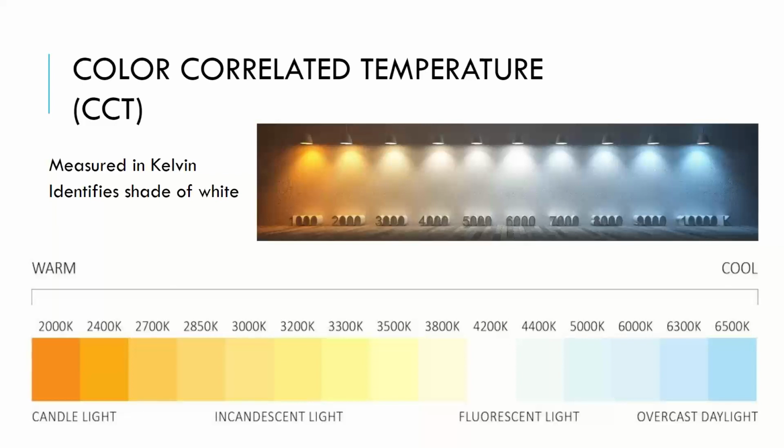The second thing you'll want to consider is what other colors are being used in the space. The color of the light plays a really vital role in how those colors appear. If you have blue, silvers, grays, or white colors in your space, you'll probably want to consider a cooler color temperature like 3500 K or 4100 K. If you have wood tones, golds, or reds, you'll want to consider a warmer tone like a 2700 to 3000.